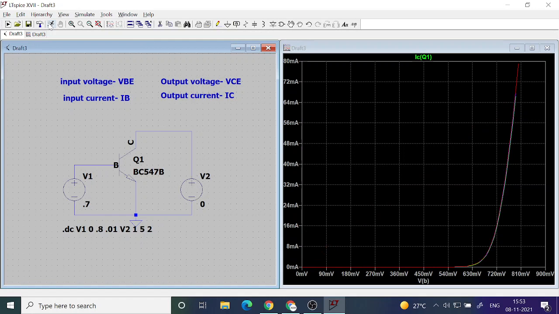Okay. So this is very different. This is neither input characteristics nor output characteristics. Okay, that I am going to plot.